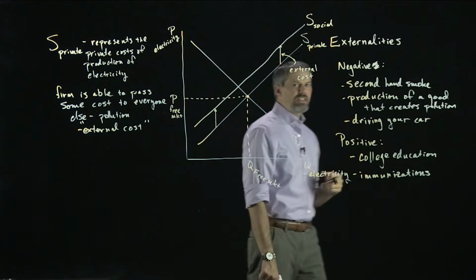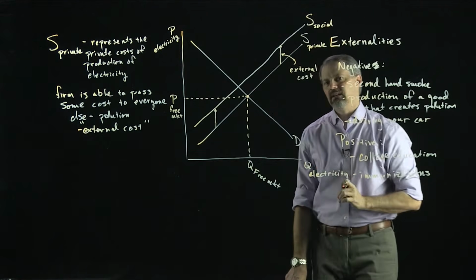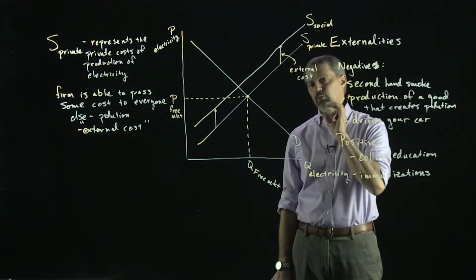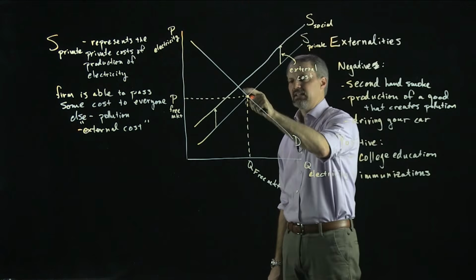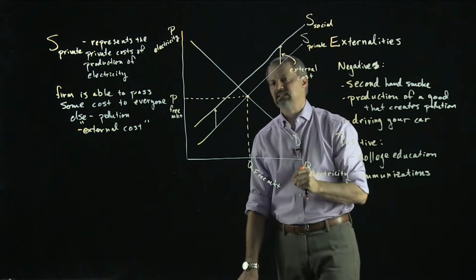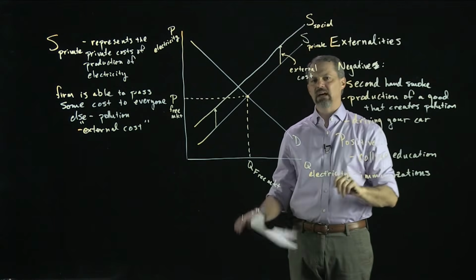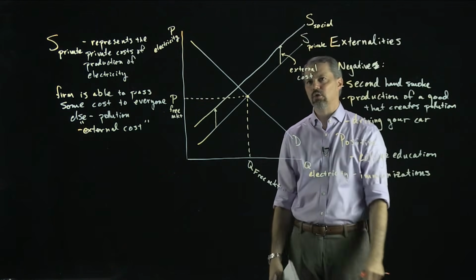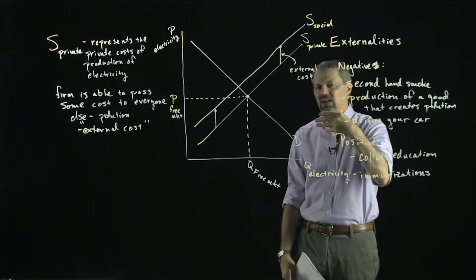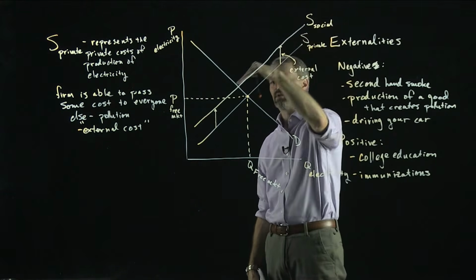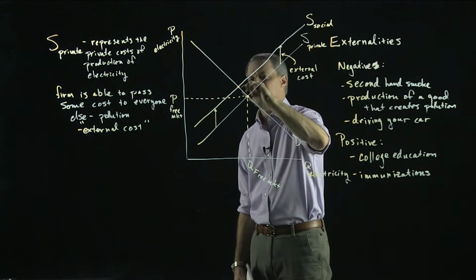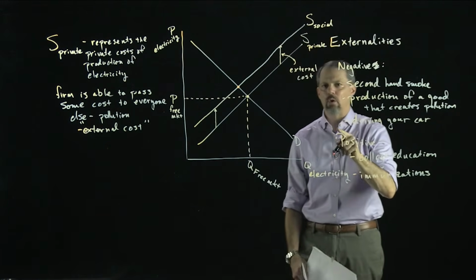But now let's think about what the right quantity and price would be. The right quantity and price is going to be the quantity that exists and the price that exists if no cost is passed on, or let's say no cost is ignored. So from society's perspective, the full cost of production at the margin would be represented by this curve, and right here would be the right quantity.